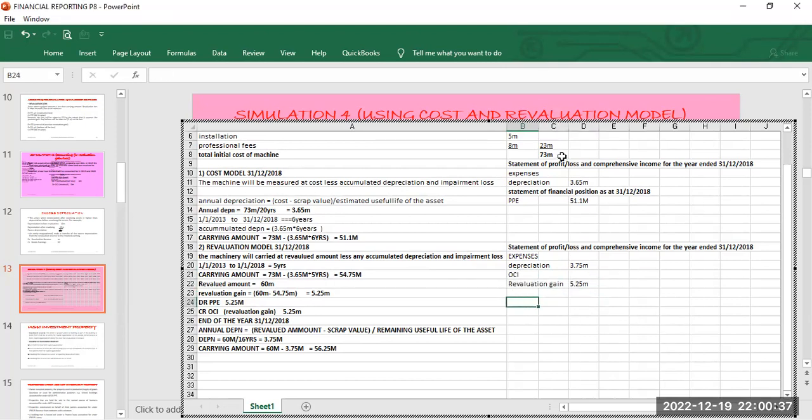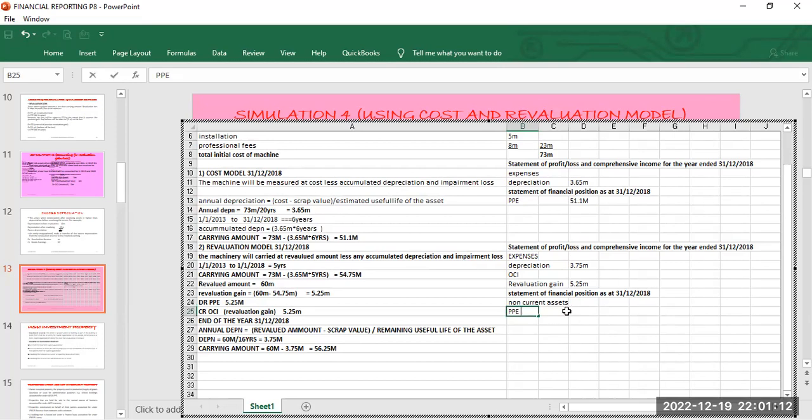Then we try to look at the statement of financial position. In this statement of financial position, we shall start with the net non-current assets, and you have our PPE.